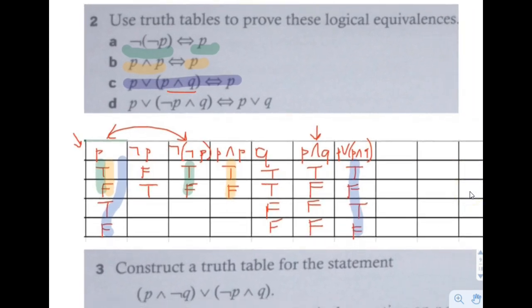Now we're going to do not P. We have a not P already, except we'll just extend it. False, true. Okay, we're just saying true goes to false, false goes to true. And so we're going to combine not P and Q. That'd be not P and Q. So that would be this column and this column. So it would be true and false is... oh, I'm sorry, true and false is false if it's and.